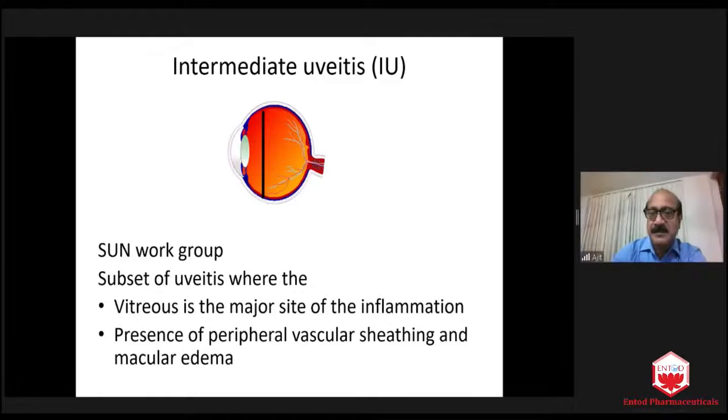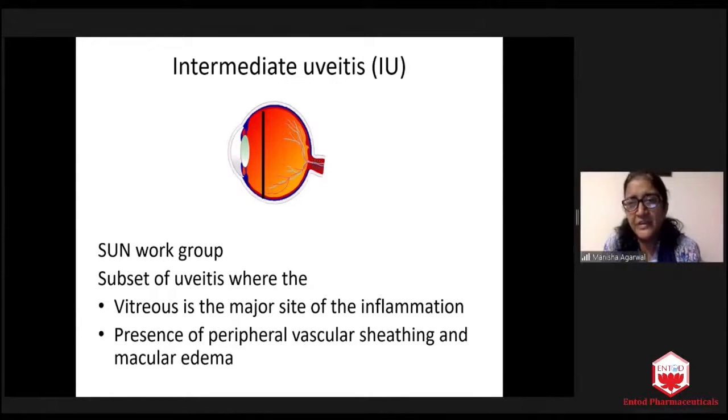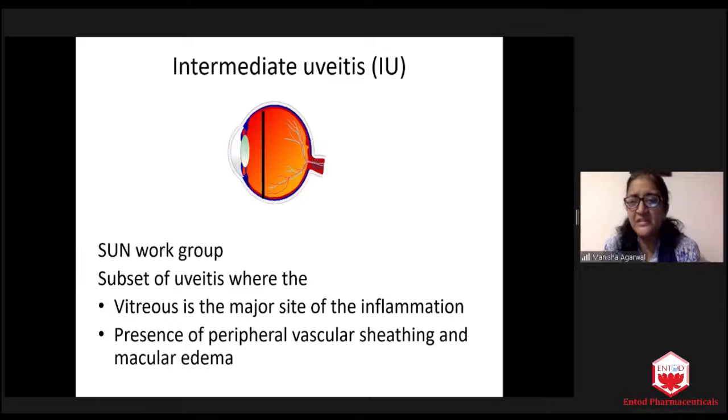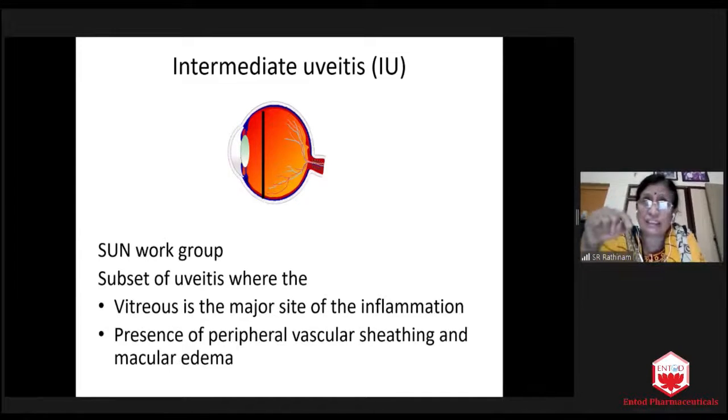Ratana ma'am, one question for the benefit of parasitic students. What would be the 5 most clinching signs in a patient when you would suspect a parasitic uveitis? As I told you in the first slide, whenever I have an atypical presentation, which is not fitting with our known entities, I always include masquerade syndrome and parasitic disease in the differential diagnosis.